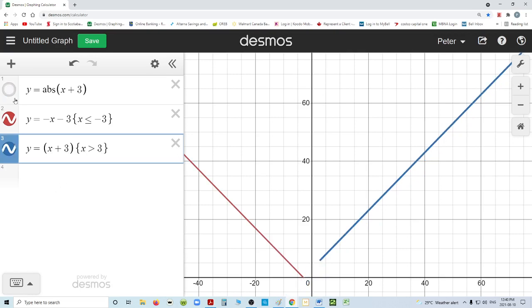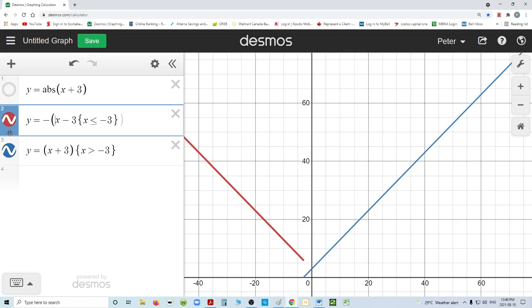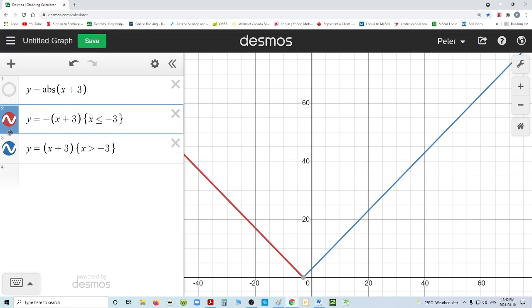And sure enough, if I turn off this top one, oh, sorry, it's got to be bigger than minus 3. If I turn off this top one, and even if I turn off the blue, and then the red, you can see I did 2 line functions, shifted them to, you might say, why is that shifted that way? Well, here, look, if I do it properly in notation, proper notation, with the brackets, you'll see it still works out.